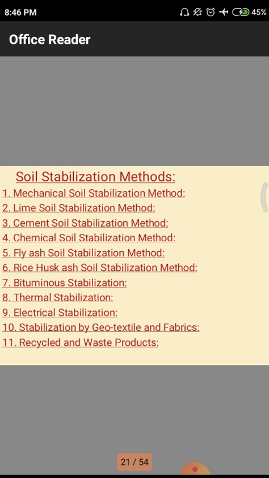Those plastics we use directly in the form of land stabilization techniques. Why? Because plastics have a huge amount of strength. They will not degrade in the soil for lakhs of years, so we go for this polymeric stabilization in the form of geotextiles and fabrics.